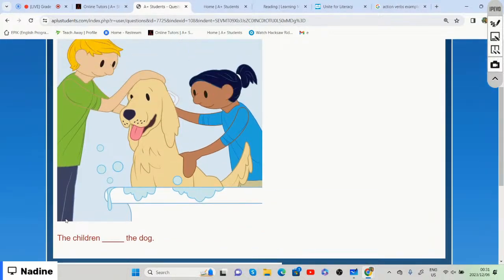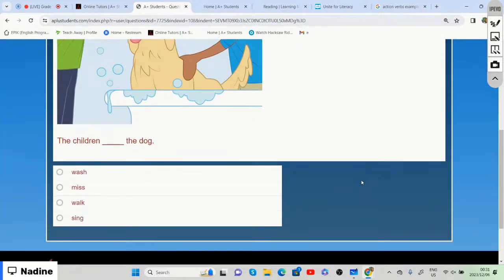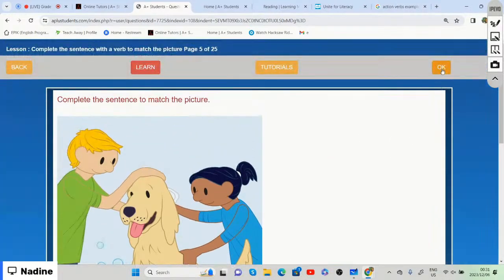What is the correct answer that goes with that sentence? The children, the dog. So we can say they wash the dog. So well done. Wash is correct.